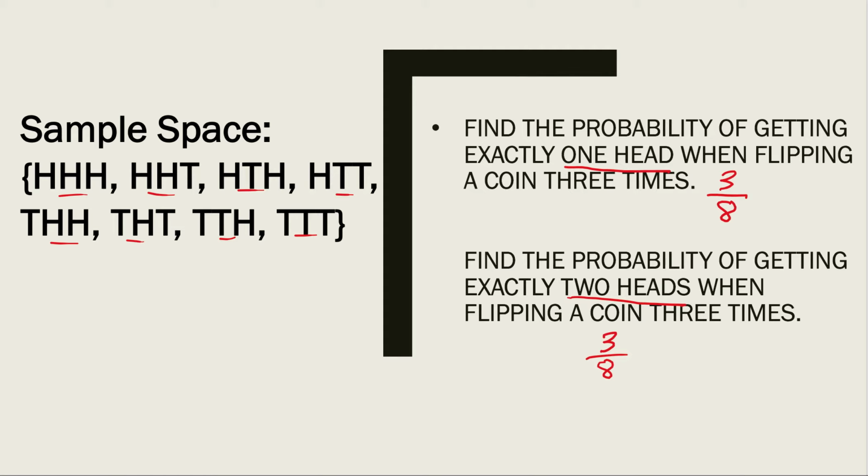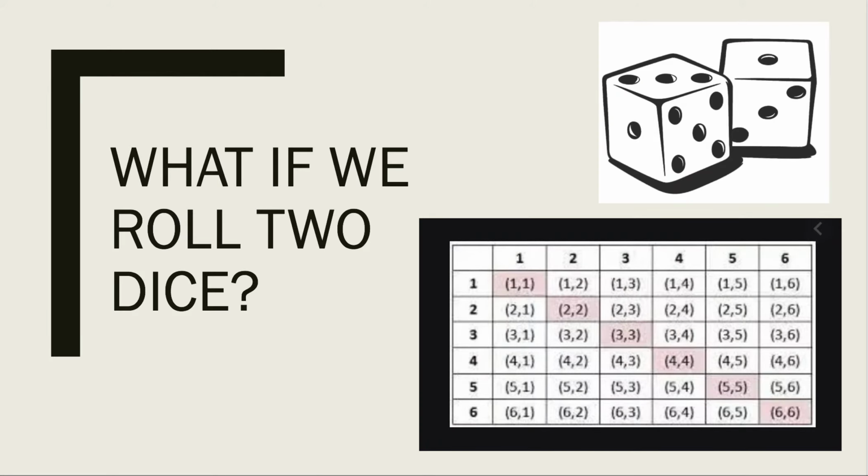Okay, so let's move on to a different type example. What if we rolled 2 dice? We talked about this on the last presentation. We talked about what that sample space is going to look like. And more specifically, we talked about the fact that in that sample space, there are 36 possible outcomes.